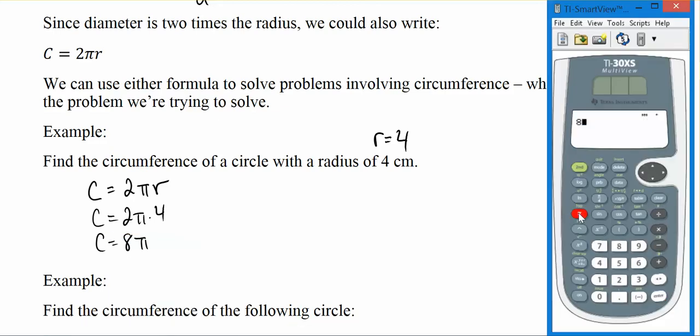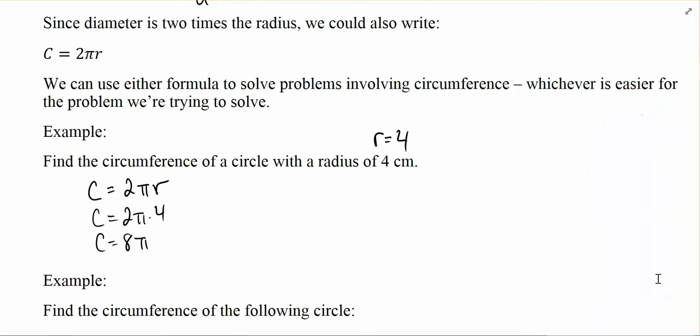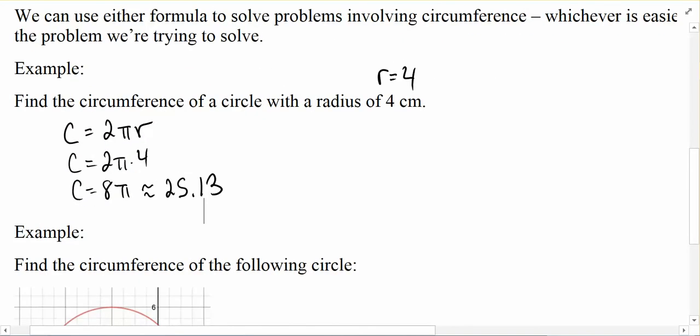Pi is actually a button right on our calculator. We can hit the button right above enter and we can get an approximation. So this is going to give us 25.13 is the circumference of this particular circle.